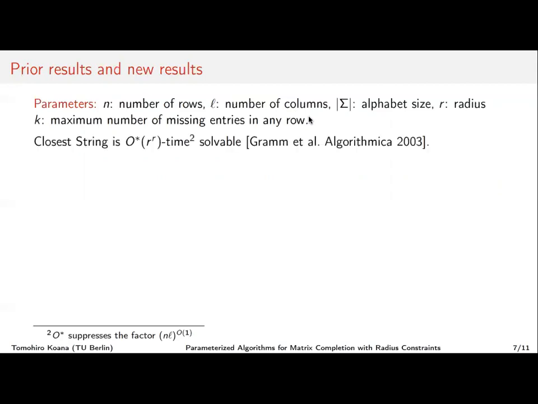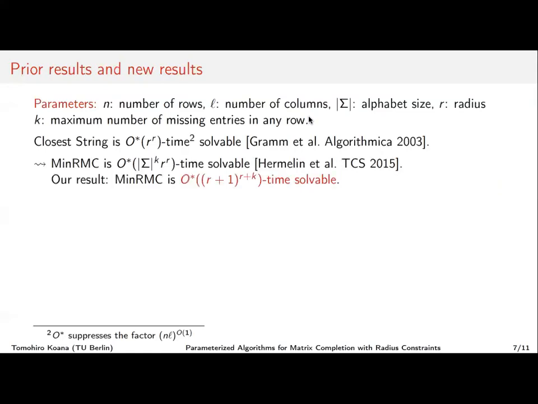First of all, closest string is known to be solvable in R to the R time, where R is the radius. In my talk, I will just ignore the polynomial factors. Generalizing this result, it was already shown that minimum radius matrix completion can be solved in alphabet size to the k times R to the R time.